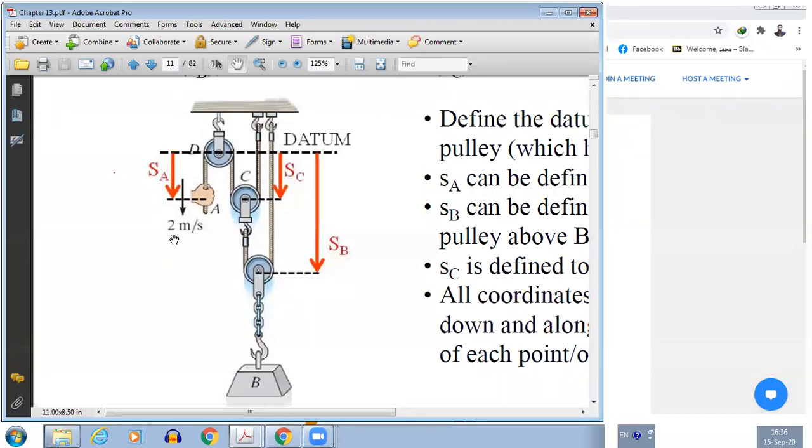Getting answers from you is difficult on Zoom, but anyway, yes, it is positive. Why? Because it is moving away from the datum. If it was said in the question that A goes up, then it would be moving towards the datum and would be negative. So keep that in mind. VA is positive because it is moving away from the datum.